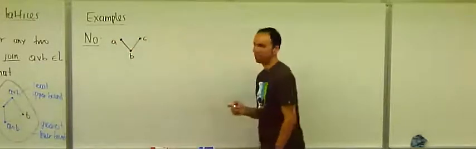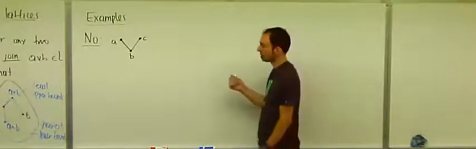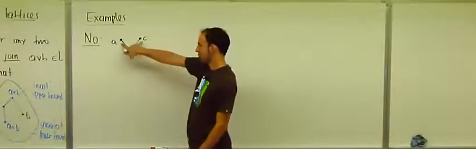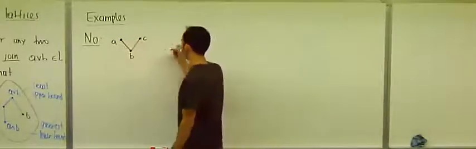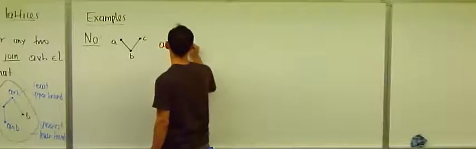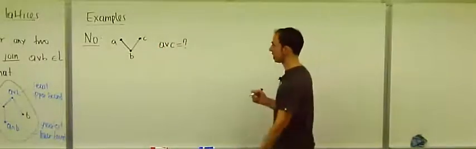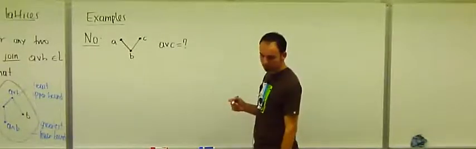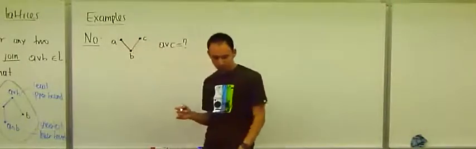If I call my elements A, B, and C, every two elements should have a meet and a join. But here, there's no upper bound for A and C, and so there's no least upper bound. There's no way of defining what the join of A and C is. Okay? So that's something that is not. And then let's see something else that is not.